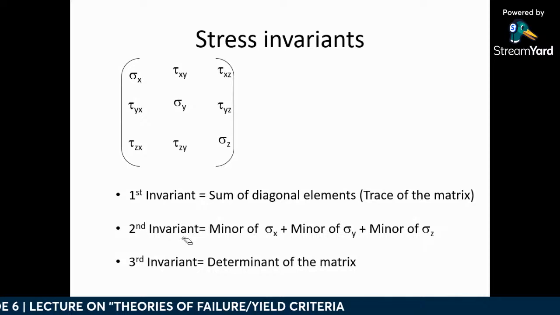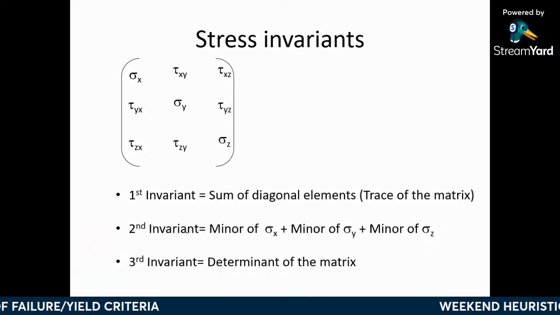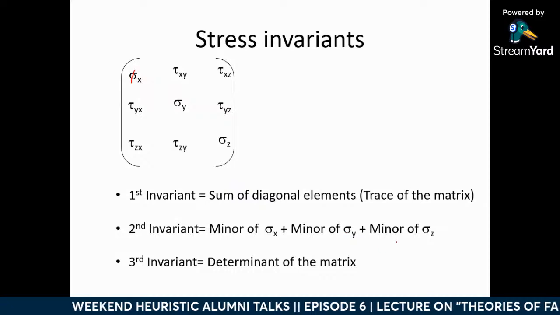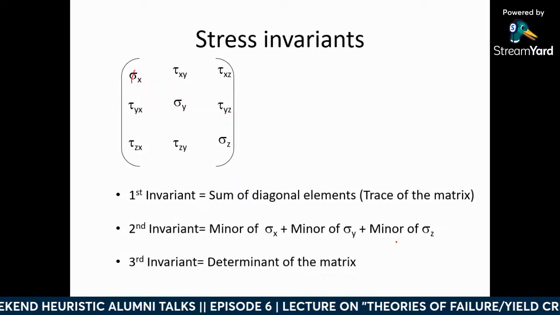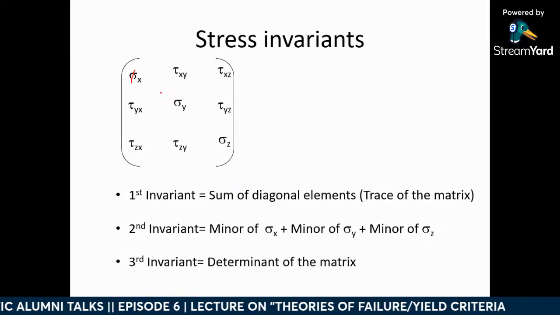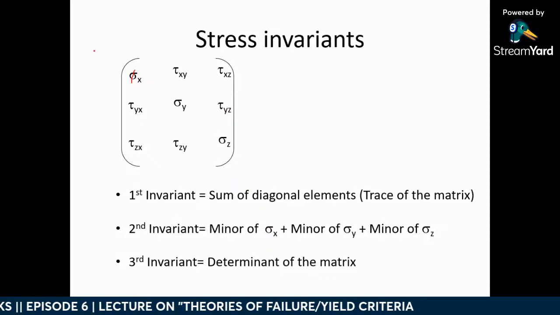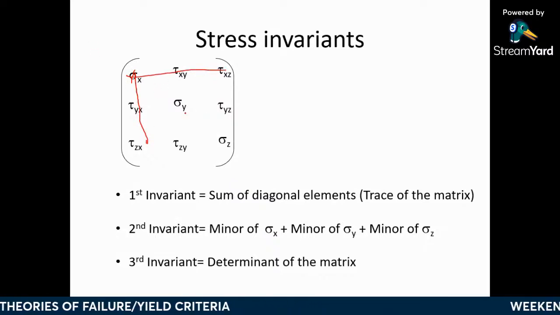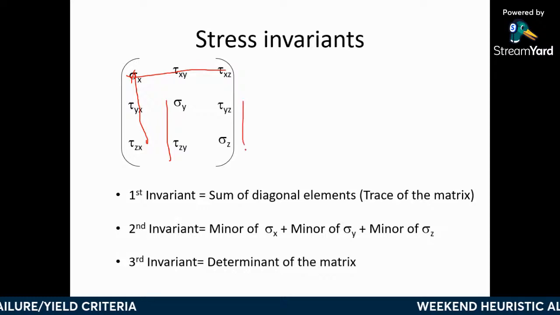So what about the second invariant? For the second invariant, you need to add the minor of each diagonal element. Okay. So minor of sigma x plus minor of sigma y plus minor of sigma z. How do you calculate the minor? For example, if I want the minor of sigma x, I need to delete this row and column and calculate the determinant for the remaining part, AD minus BC.